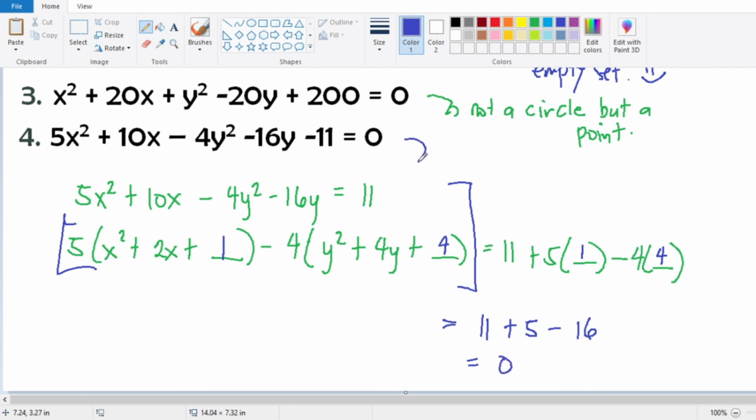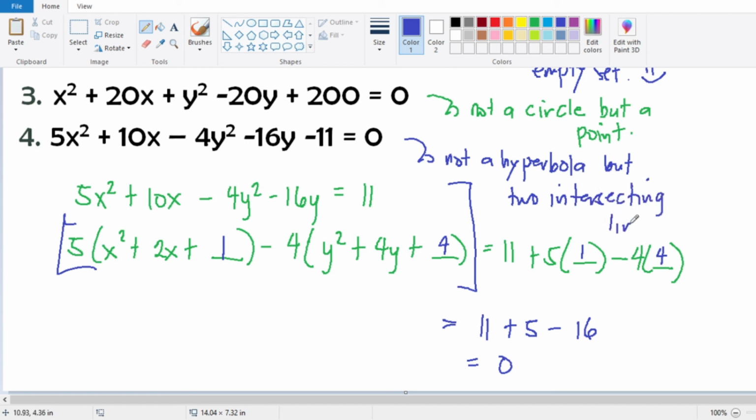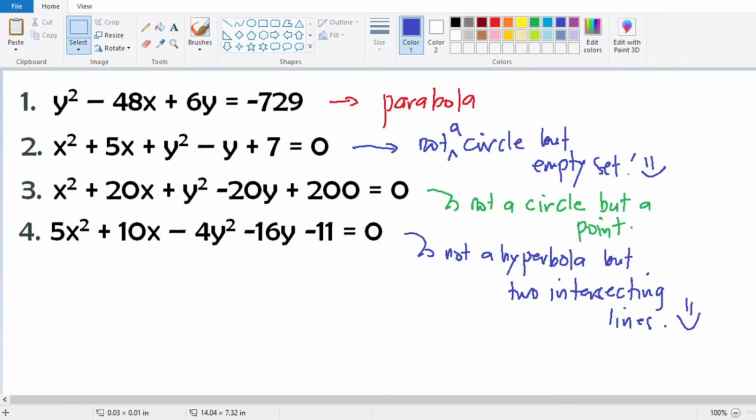Which means then that this is not a hyperbola, but two intersecting lines. That's it. So these are the answers for the given examples.